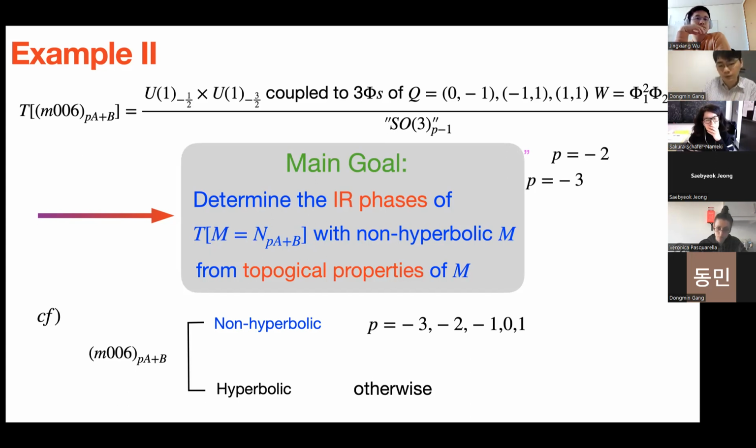So in my talk, I mostly focus on the non-hyperbolic cases, because for hyperbolic cases we know what the IR phase will be. It's just an SCFT. There's no mass gap, no SUSY enhancement or spontaneous SUSY breaking, and it just flows to N equal 2 supersymmetric SCFTs for hyperbolic cases.